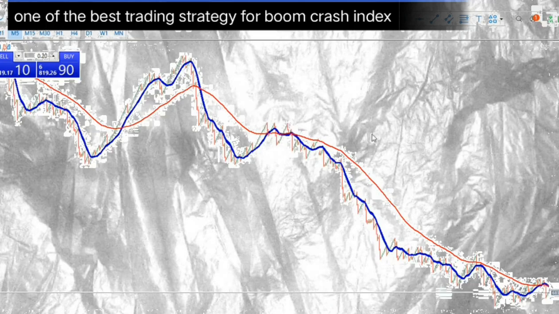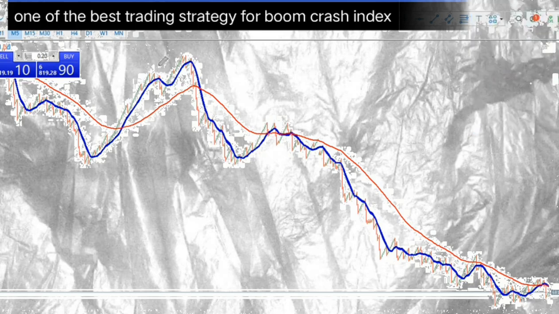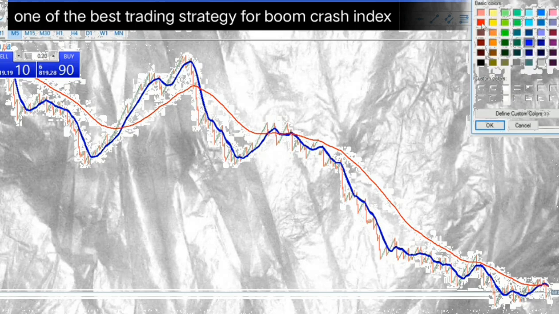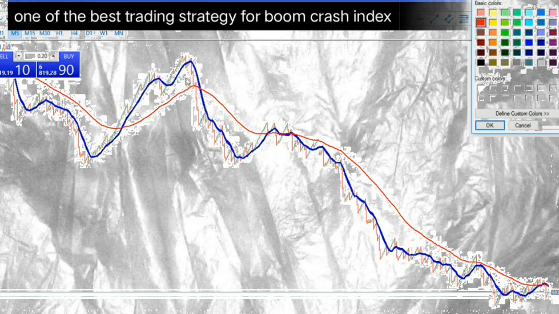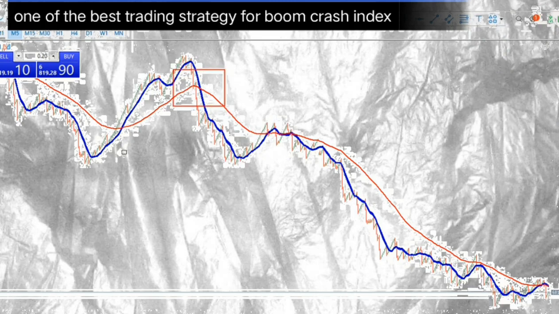When the market crossed officially at this place, let me change the color of this thing so that we can see it. So when the market crossed here officially, the market first crossed here from below, from this direction.